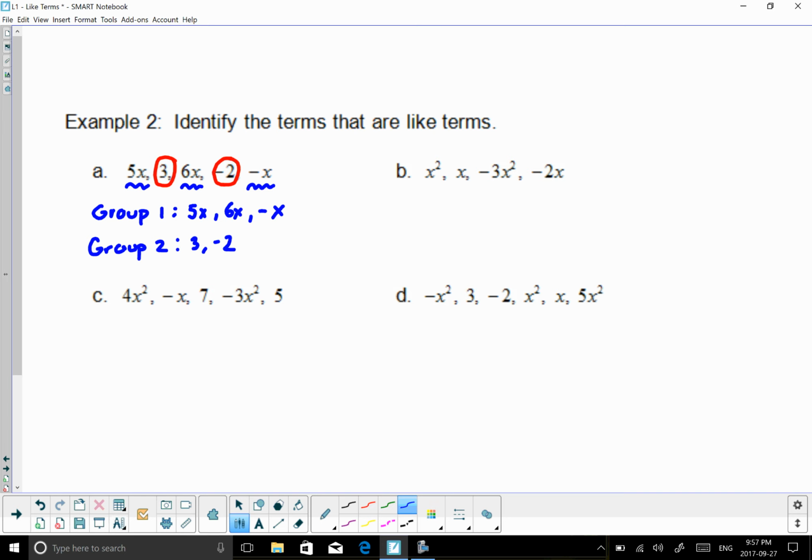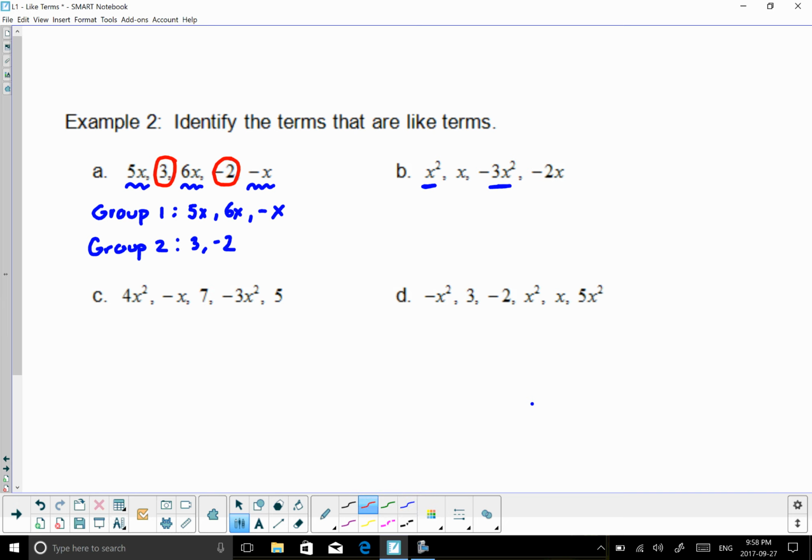In B, there's x squared, so same variable. There's a variable x and exponent 2. So if I want to find something that's like it, I got to find something with an x with the exponent 2. And the next one that goes with that is this one.